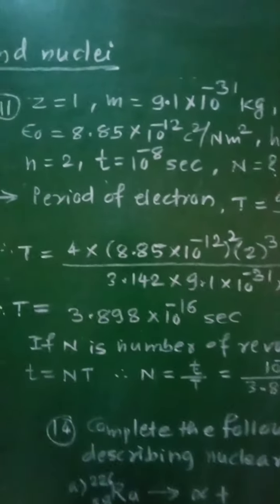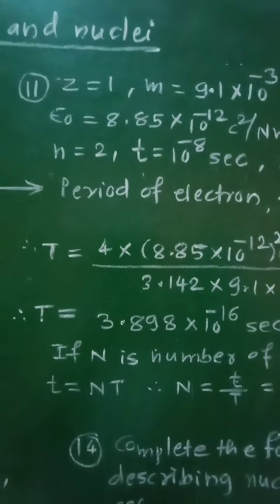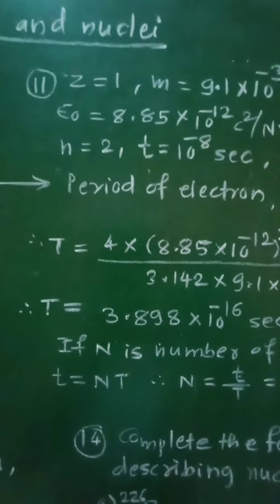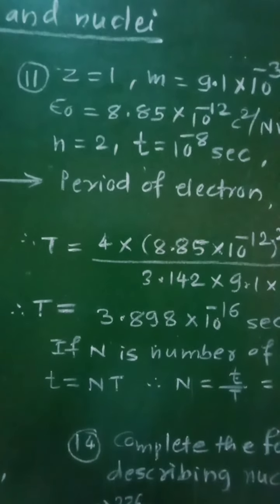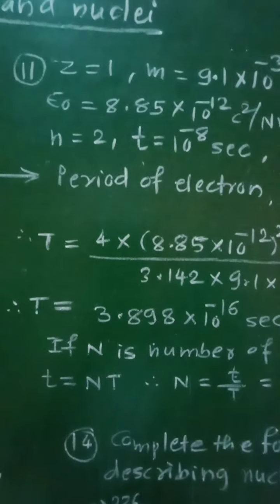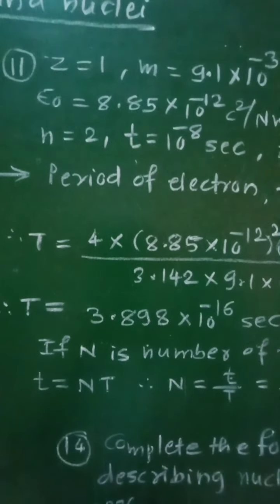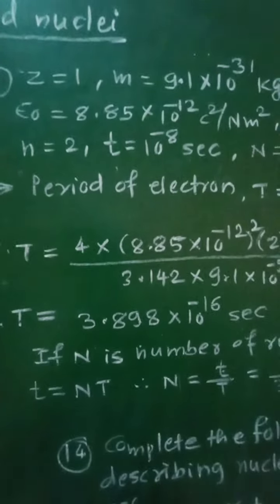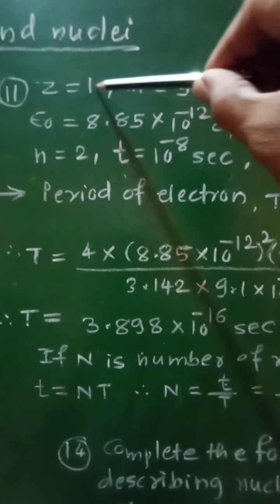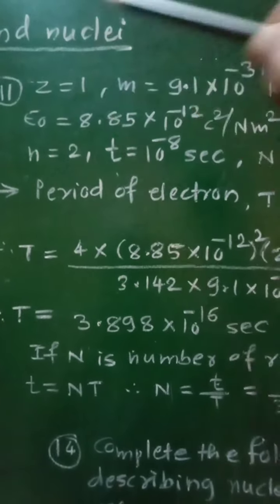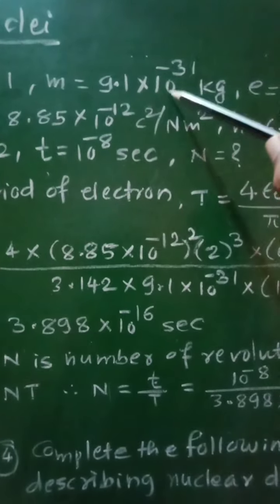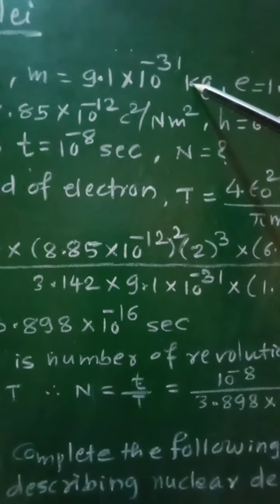Then let us go for the next numerical, numerical number 11, which is given as: an electron in hydrogen atom stays in its second orbit for 10⁻⁸ seconds. How many revolutions will it make around the nucleus in that time? And therefore for this Z will be equal to 1. Then m, that is mass of electron, is equal to 9.1 into 10⁻³¹ kilogram.